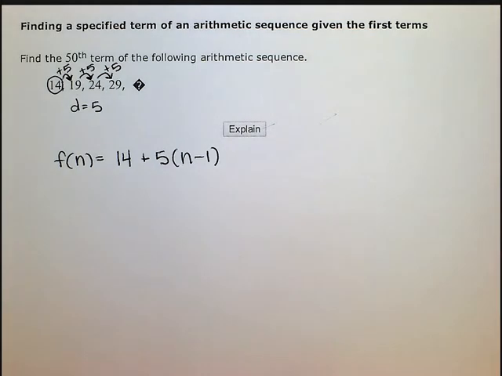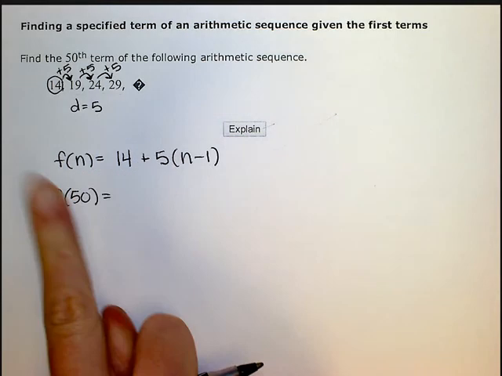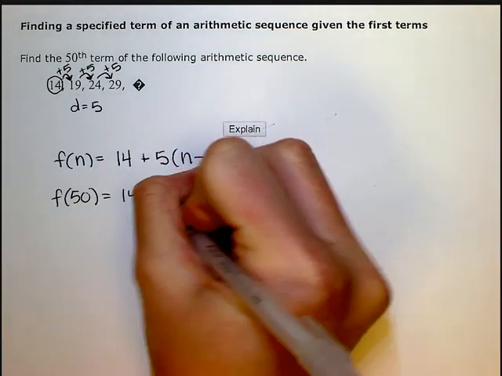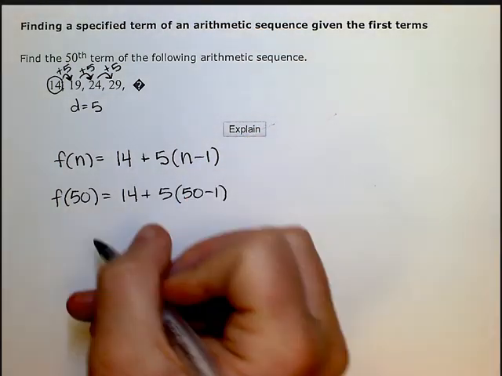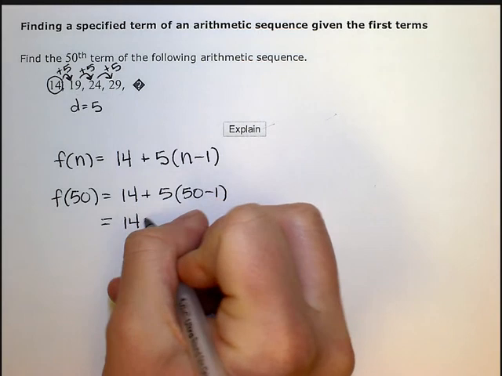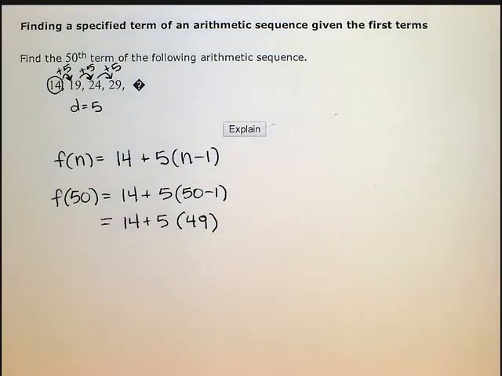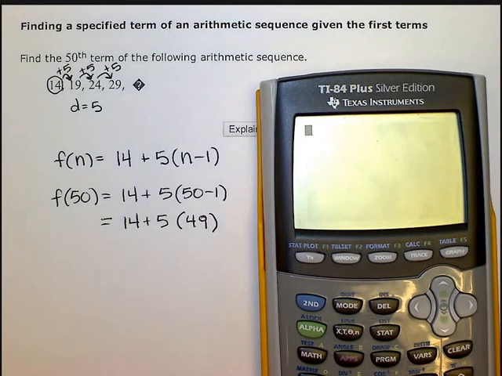Okay? So if I'm trying to find the term value of the 50th term, I'm going to take 14 plus 5 times 50 minus 1. Okay? So now I just need to do the math. 14 plus 5, 50 minus 1 is 49. So now I'm going to go ahead and get my calculator out. And I'm going to do 5 times 49 and get 245.